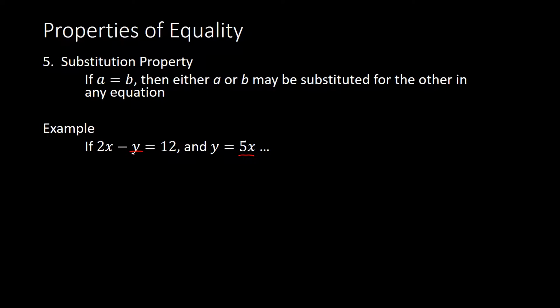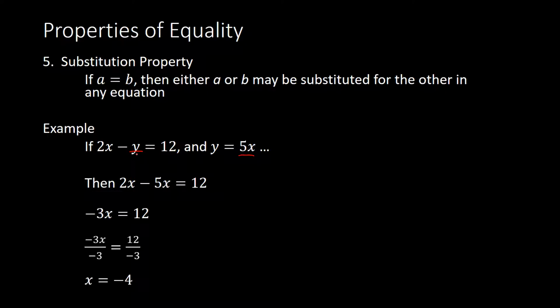I can replace this y with the 5x. I can substitute a 5x in for the y. So instead of 2x minus y, I have 2x minus 5x. And then I can solve this, and I get negative 3x equals 12, and then divide both sides by negative 3 to get x equals negative 4. So that would be the substitution property that says I can substitute that 5x in place of y.